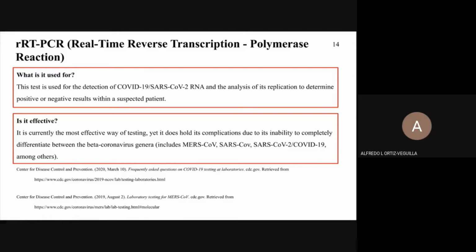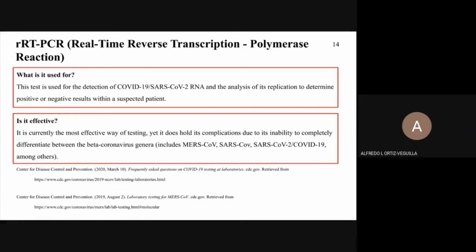And in our case, the RT-PCR, which would be the real-time reverse transcription polymerase chain reaction, is used for the detection of COVID-19, also known as SARS-CoV-2 RNA, and its analysis of its replication, which will then determine whether the patient is positive or negative for the appearance of this virus.